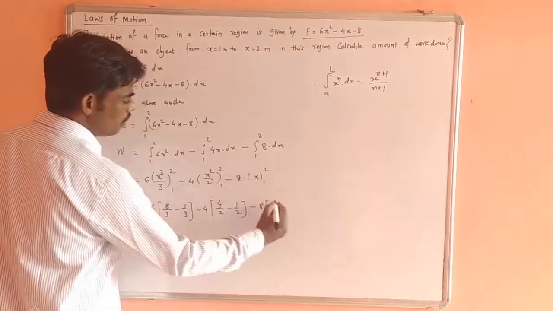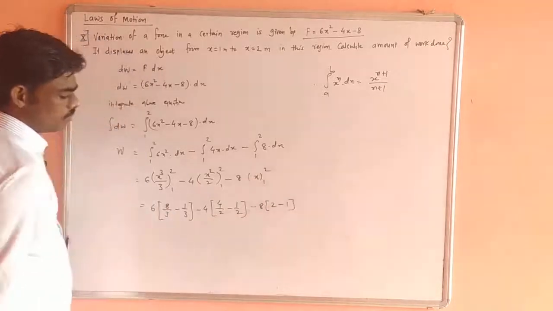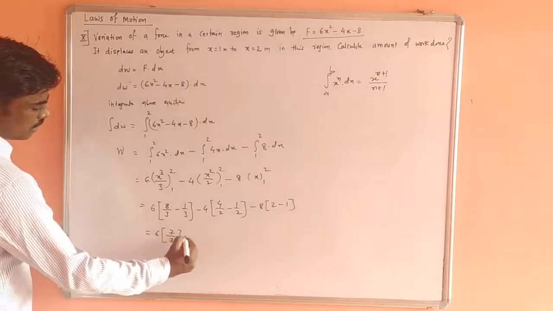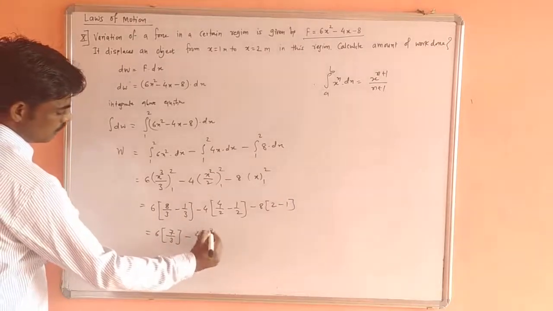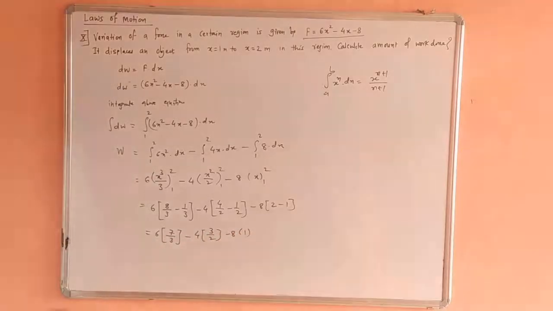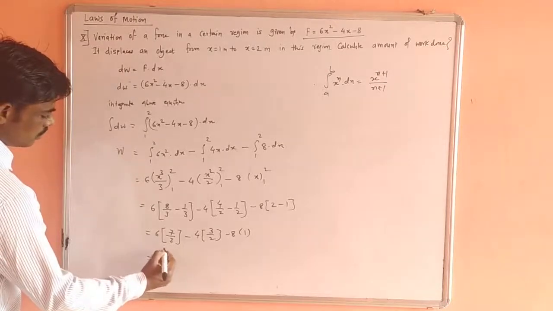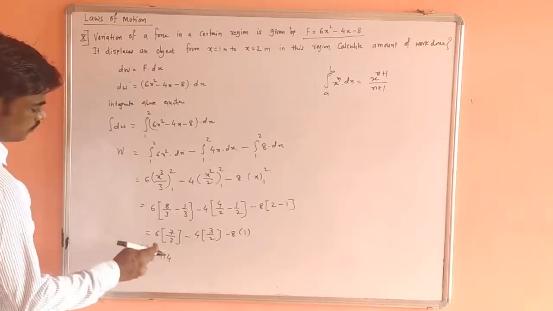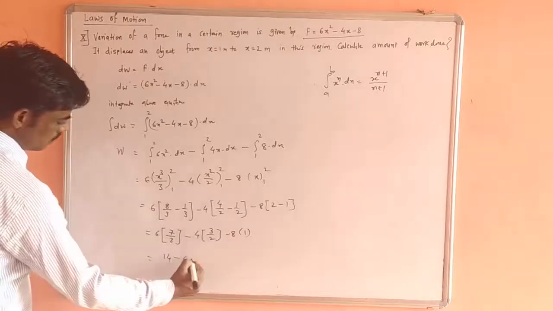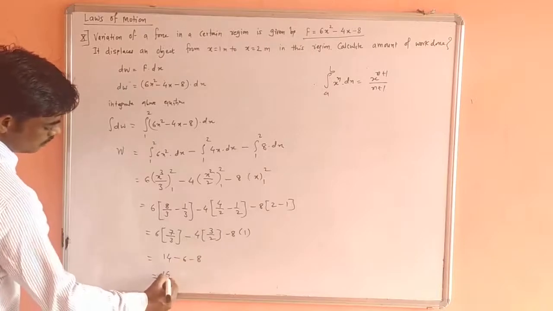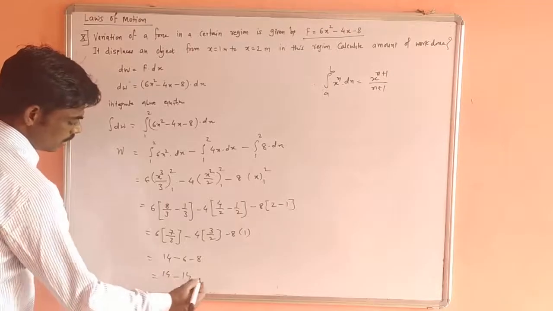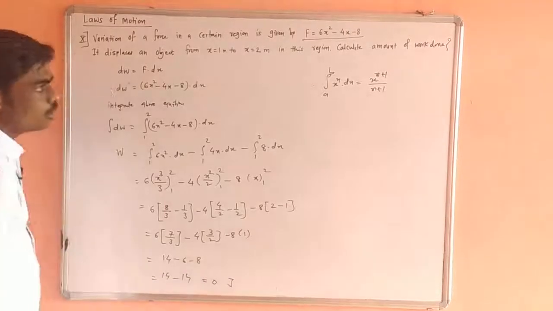Then substitute upper limit 2, then lower limit 1. 6 times 7 by 3, then 3 by 2, and 1. Solve this: 14, then minus 6 and minus 8. So minus 8 minus 6 becomes minus 14. Plus 14 minus 14 cancel, we get the answer 0 joule.